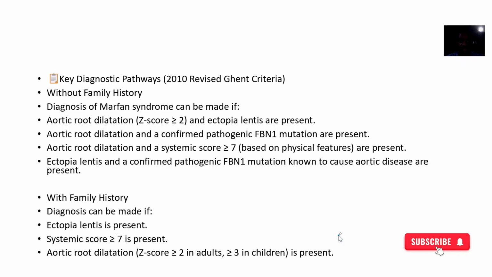So the key diagnostic pathways, for the revised one. If the person doesn't have a family history, there's nobody in their family that they are able to trace that has Marfan syndrome, the diagnosis will be made if you have aortic root dilation and ectopia lentis, or if you have aortic root dilation and a confirmed mutation in a gene known as the FBN1 gene.